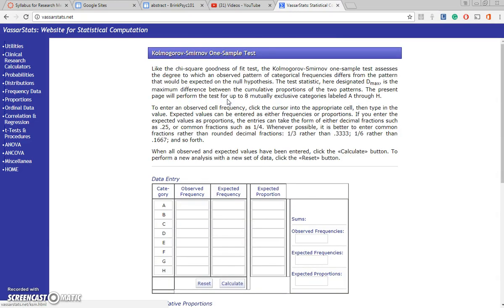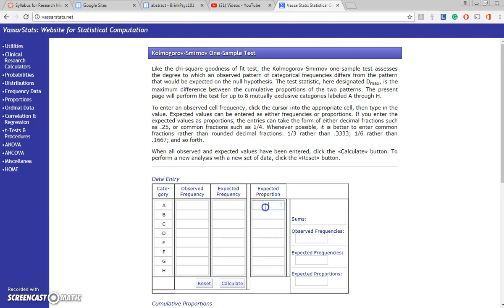So we click on that, and just like chi-squared, we are comparing an observed frequency within our sample compared to an expected frequency or expected proportion that comes from population norms.